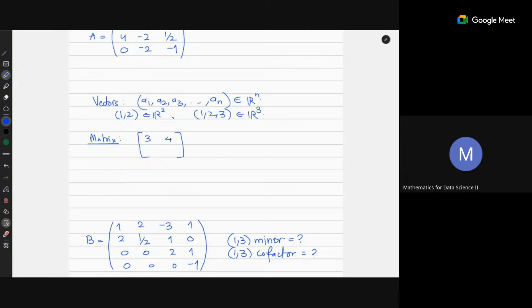For example, this is an example of a matrix, the order of which is 2 cross 2. And this is a matrix, let's say a1 up to an. So the order of this is going to be n cross 1. And this is an array of order 1 cross n.